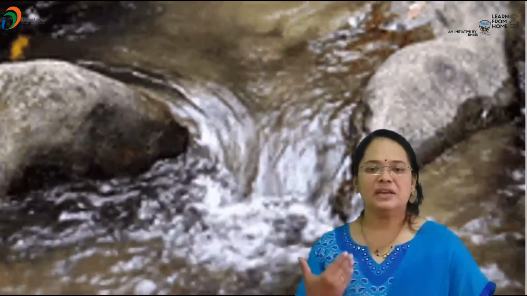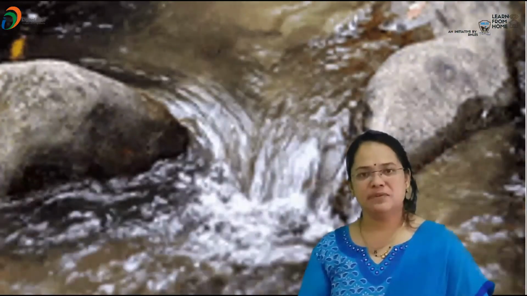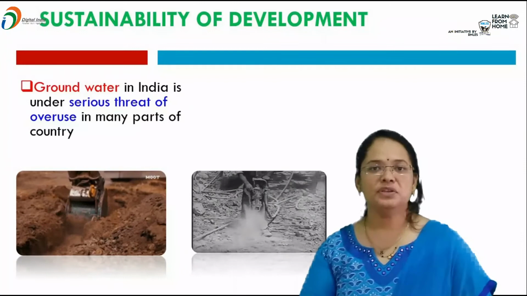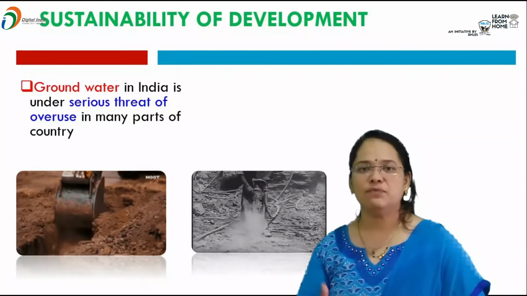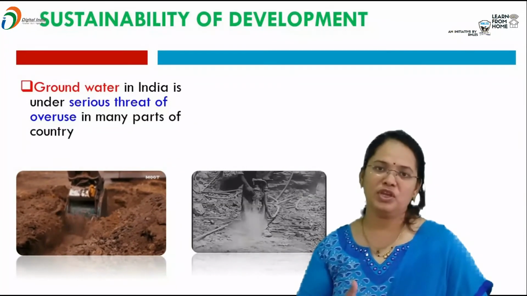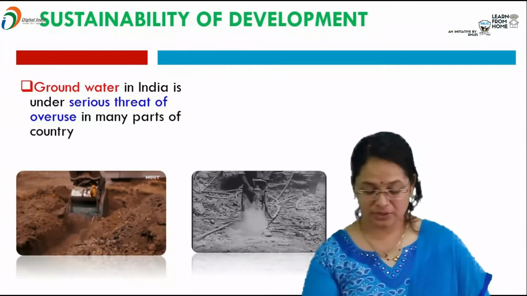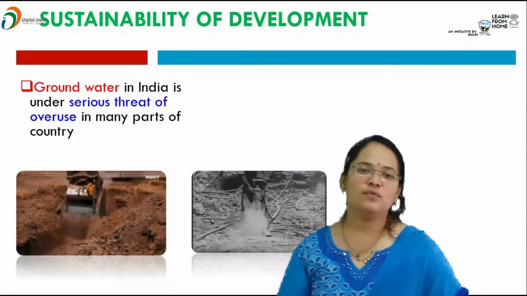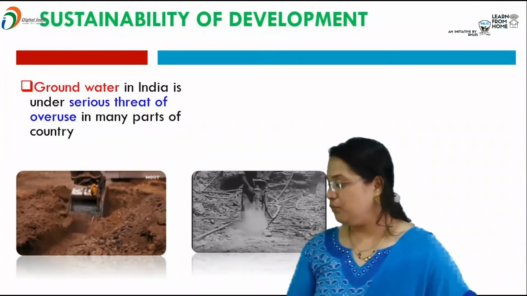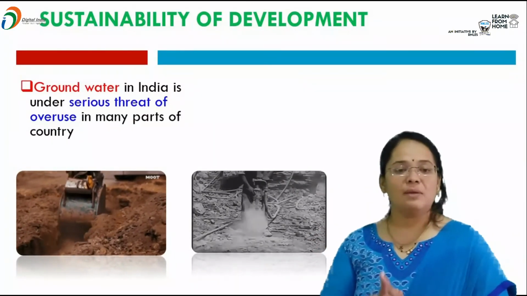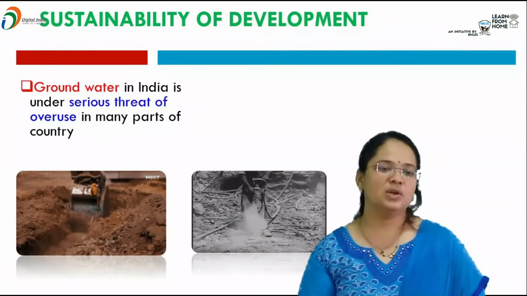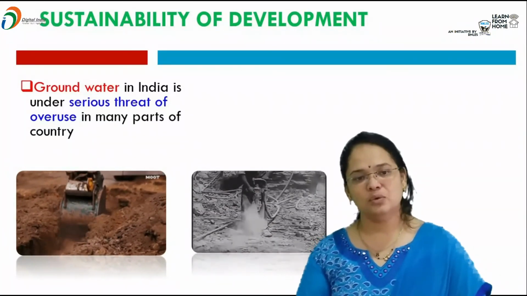Yes, and then only there will be preservation for the next generation. It is a question about sustainability, how we try to preserve when we are developing ourselves. We human beings should think about it, and that is why the point is sustainability of development. Now we can understand that for many years we have tried to extract many things from the land, yes or no?